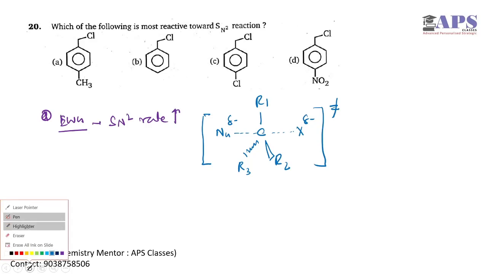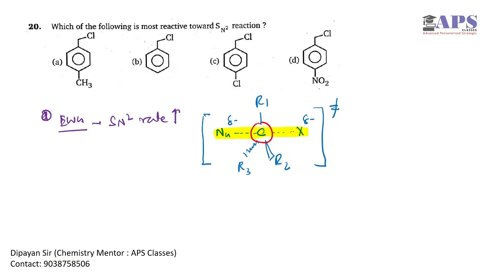So here we have electron density between these three atoms. If the central carbon is attached with some electron withdrawing group, then the rate of the reaction will increase.